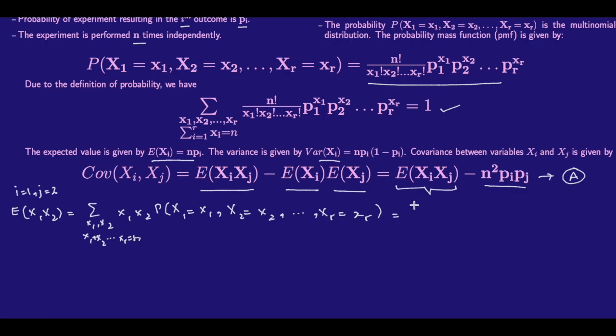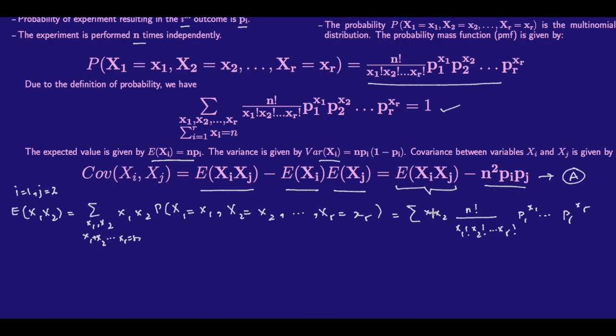Now we can plug in the PMF, skipping the repeated details to save space: x1 x2 times n factorial divided by x1 factorial x2 factorial up to xr factorial, times p1 to the x1 up to pr to the xr.